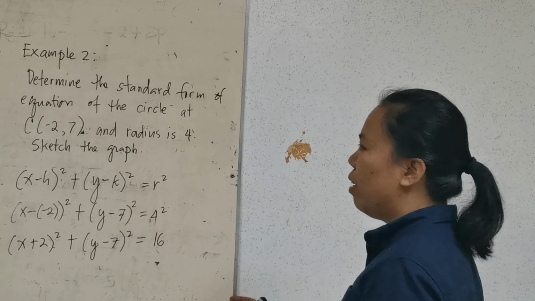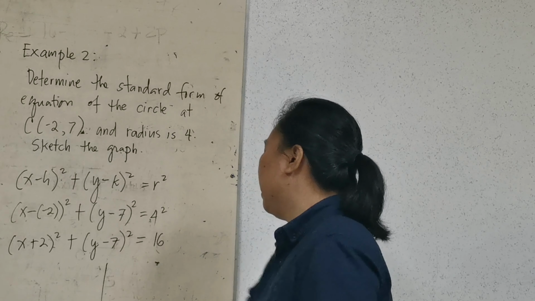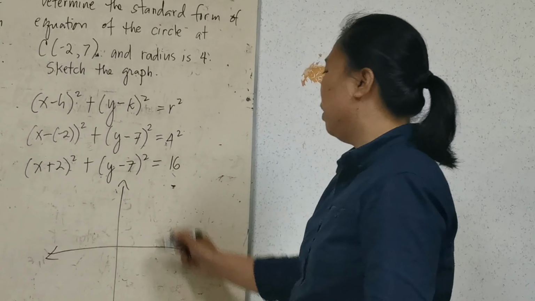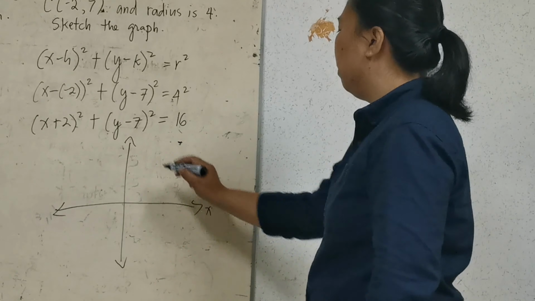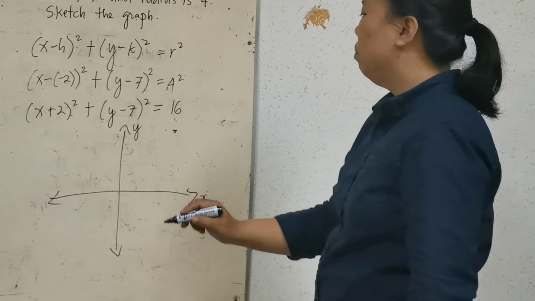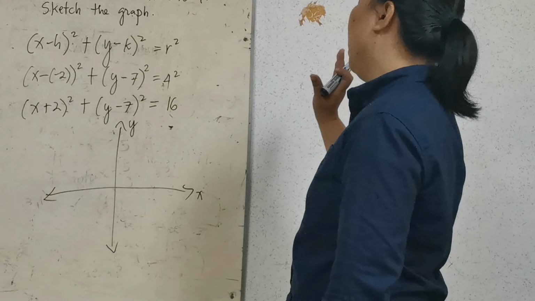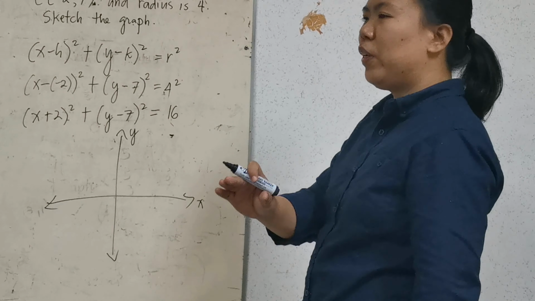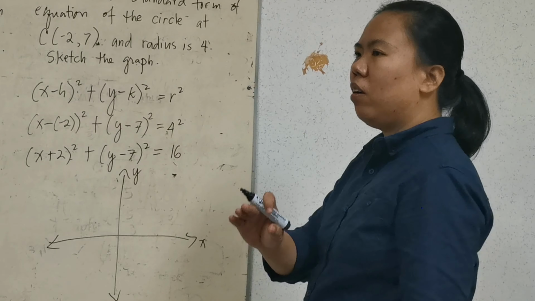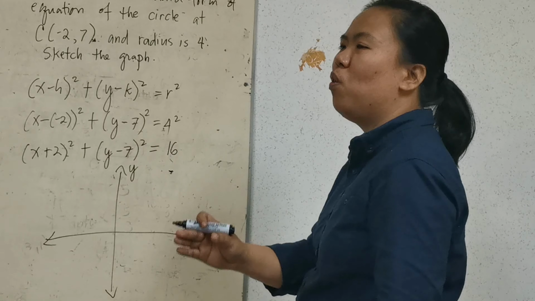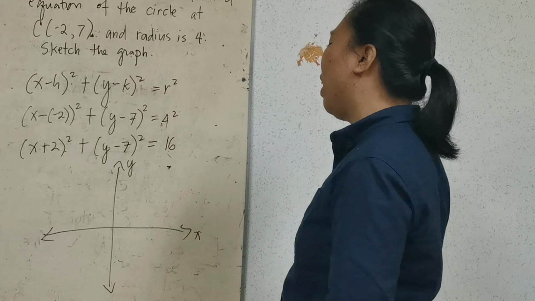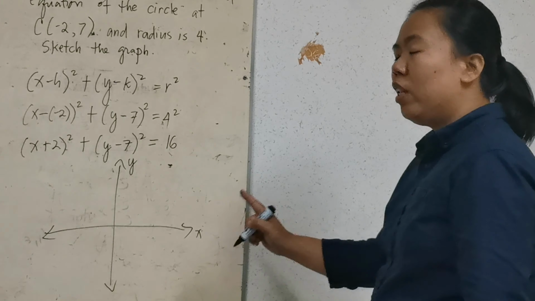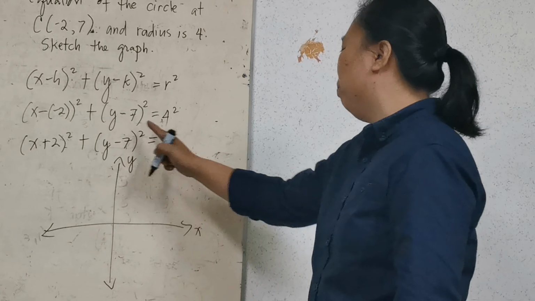Now, sketching the graph. First, the axis x and y. Why is there a need to always label your axis? Since you are future teachers, all students will always know where the x and y axis are. So we have the x and the y axis, and always put an arrow.